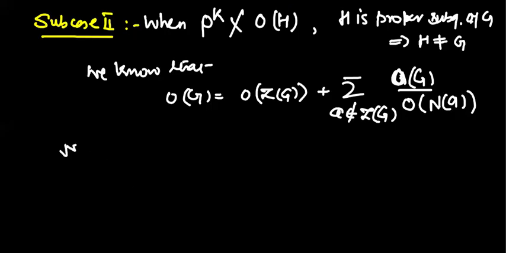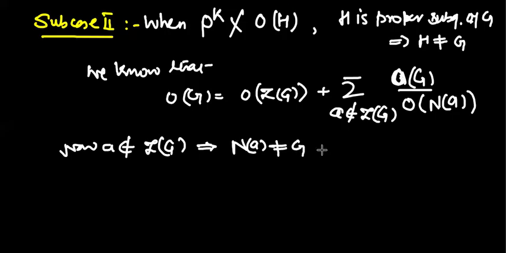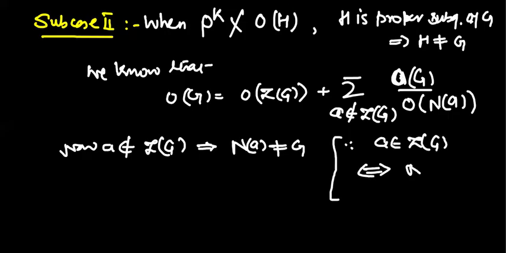Now, a does not belong to Z(G). This implies N(a) is not equal to G, because there is a result that says a belongs to Z(G) if and only if N(a) is equal to G, so the other way around also holds.